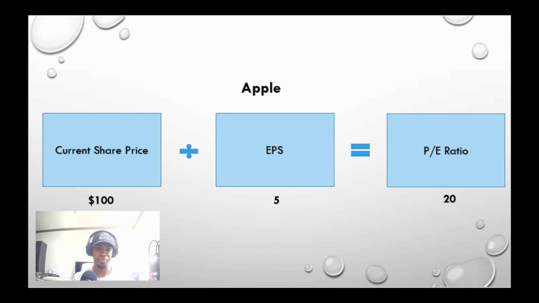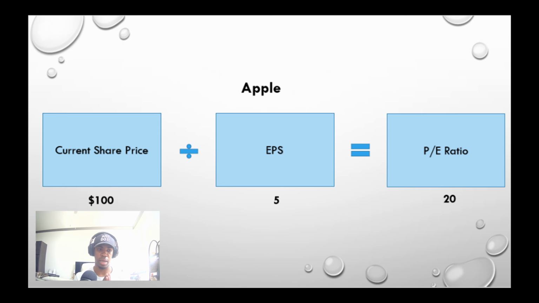So, for example, let's say Apple's current share price is $100 and its earnings are $5. Well, the PE ratio would be 20. The company's earnings would have to increase by 20 years in order to catch up to its own share price at the current PE ratio of 20.